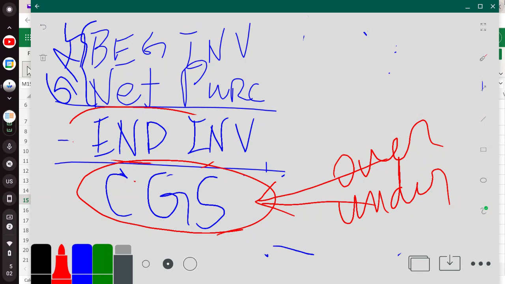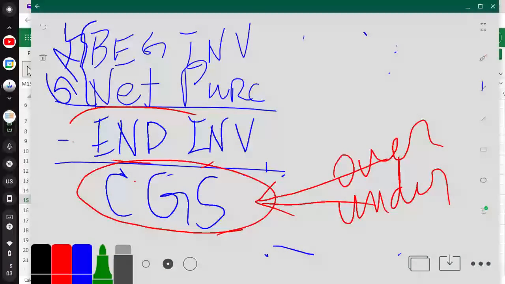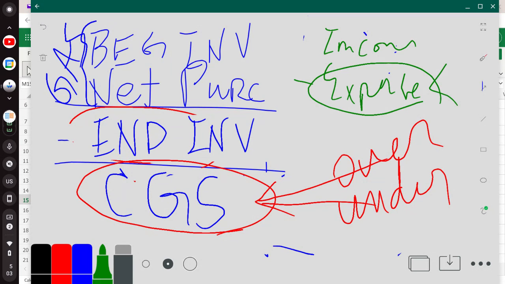Think about it. In an income statement, right? Income minus expenses. If they overstate CGS, this will become smaller. EBIT will become smaller.